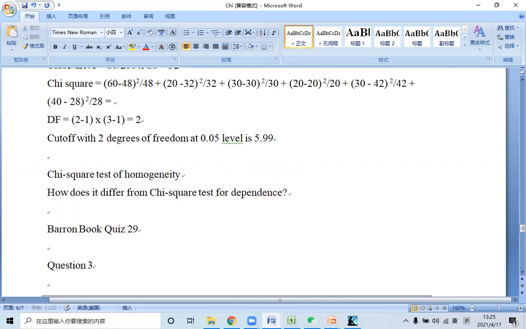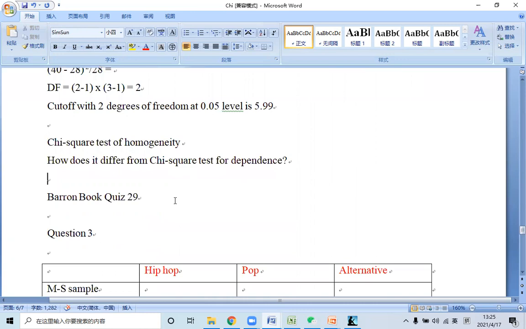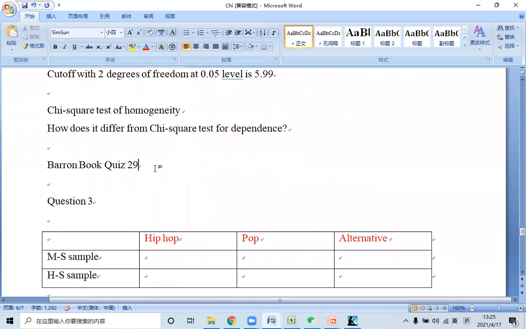Dependence. Yeah, there's a subtle difference between the chi-square test for independence and the chi-square test for homogeneity. We're going to talk about the difference when we go through the exams, go through the quizzes.